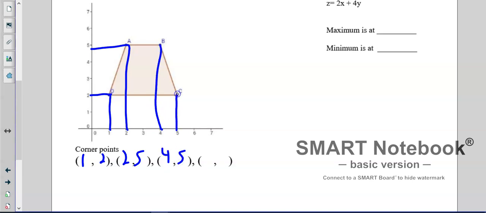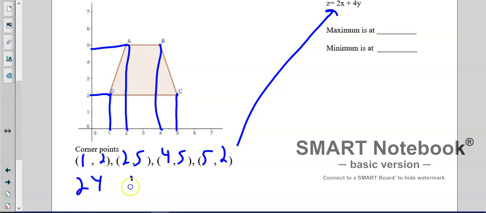And then we have 5, 2. Okay. And we're going to plug those all up into here. Now, I'm not going to show plugging in because I just did it, but it's basically going to be 2 times 1 plus 4 times 2. 2 times 2 plus 4 times 5, and so forth. And what we get is 24, 28, 10, and 18.